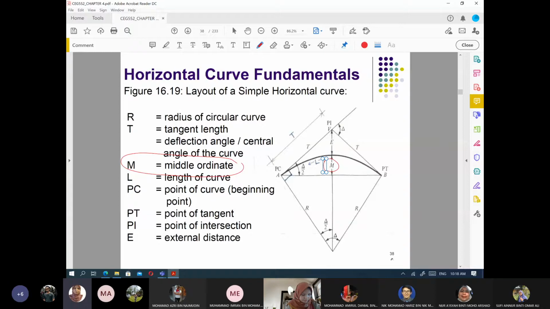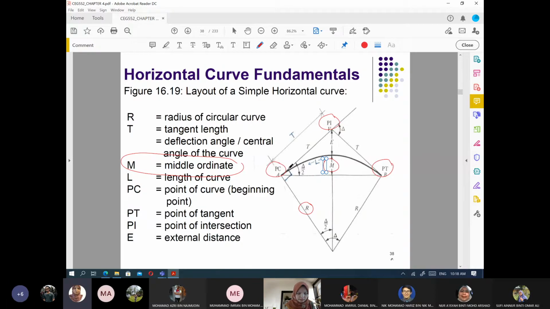Sebelum ni, I think you just have your radius. In diploma, you just look into stopping sight distance, how it relates with the radius, the R value here. So this time around you ada middle ordinate, and you ada juga point of curve, point of tangent, point of intersection.